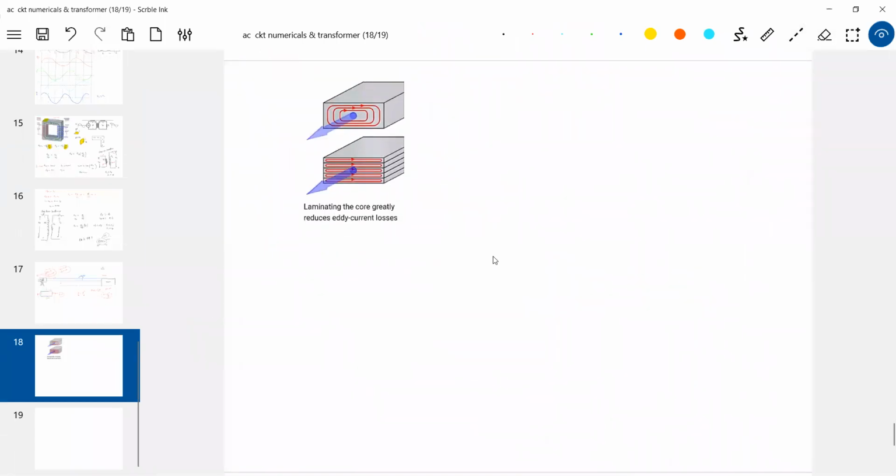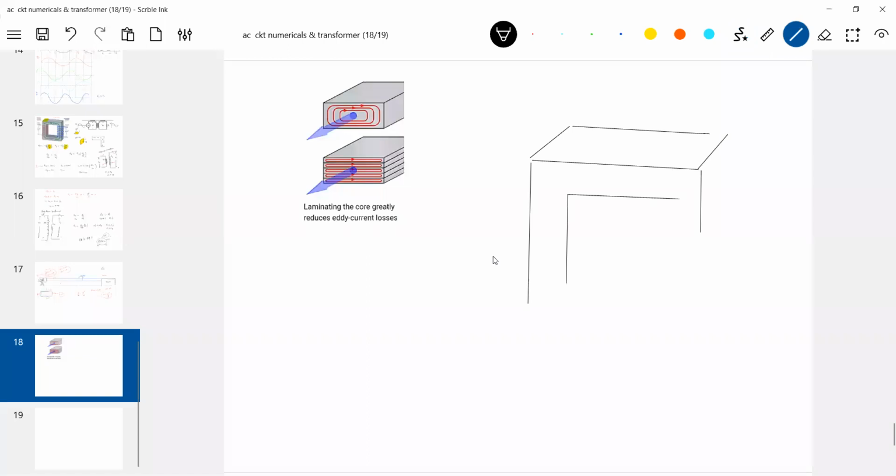So basically, I'll draw one rough diagram.